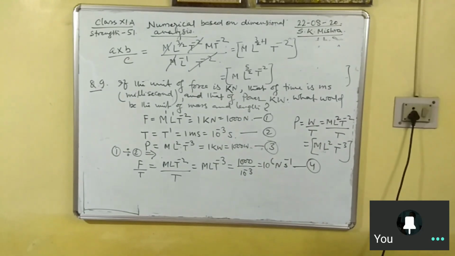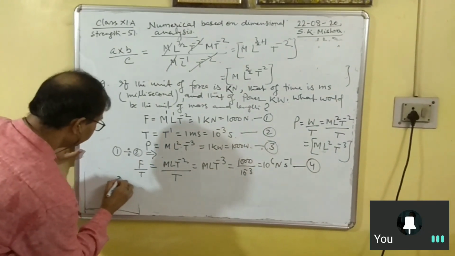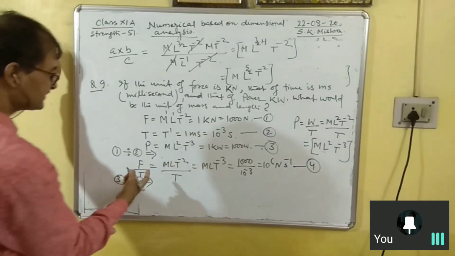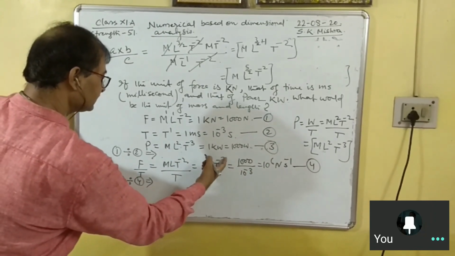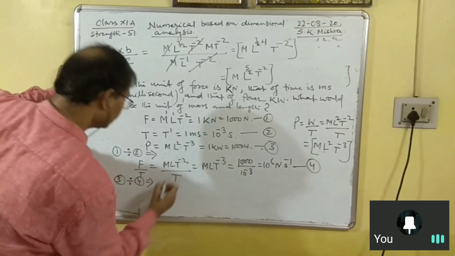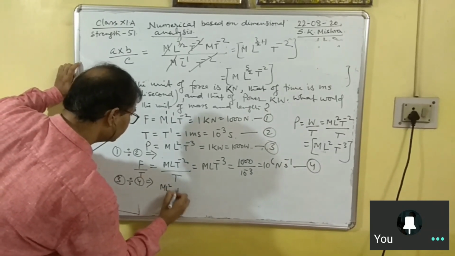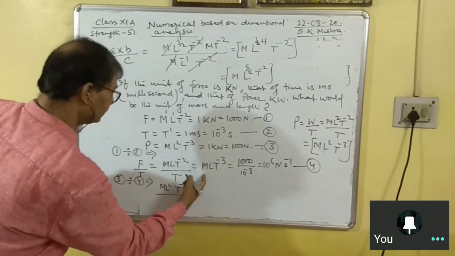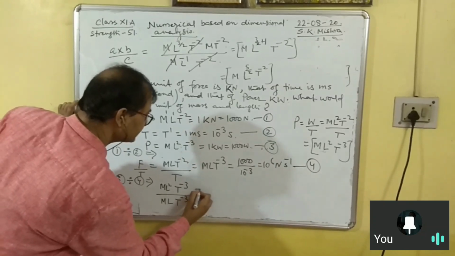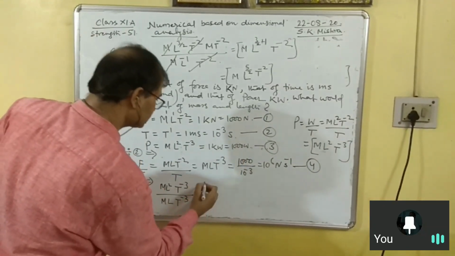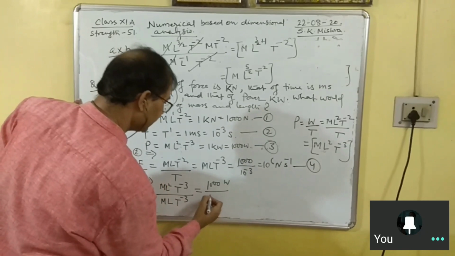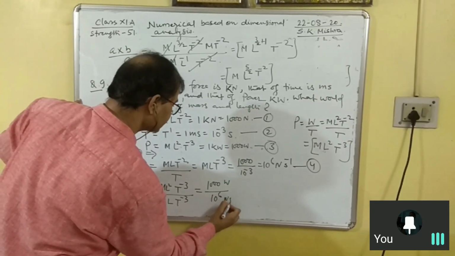Then 3 divided by 4. Equation 3 is mL squared t minus 3, divided by equation 4, mLt minus 3, is equal to 1000 watt divided by 10 raised to 6 Newton per second.